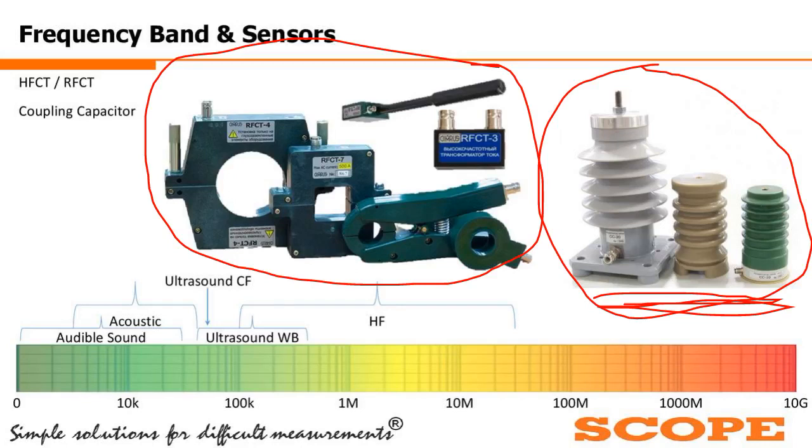Let the manufacturer have their own design of the coupling capacitor. Design means the value of the coupling capacitor. Because if one manufacturer is manufacturing at 1.1 microfarad, and we are asking for 1.2 microfarad, they will not prefer to make a different thing.